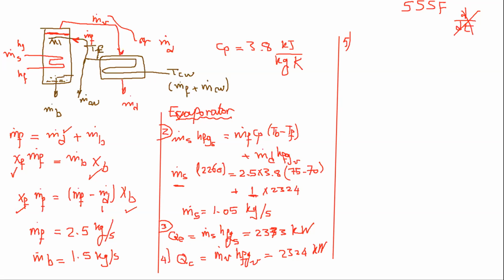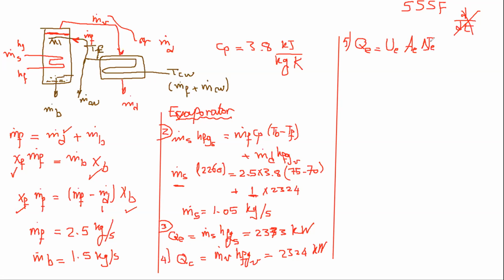Now, when we are looking for an area, then we are looking basically for an expression of heat transfer rate inside the evaporator, which is nothing but the overall heat transfer coefficient in the evaporator times the area of the evaporator times the temperature difference in the evaporator.